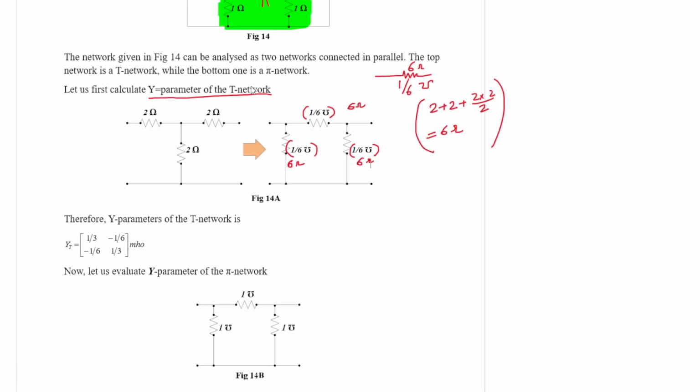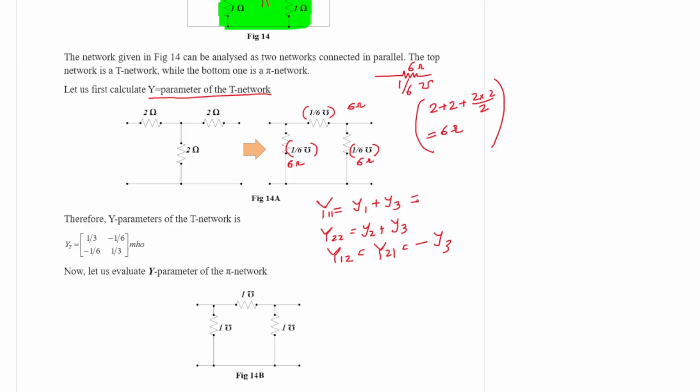If a pi network is represented by this, and its elements are represented in mho, then you can directly write y11 is equal to y1 plus y3, y22 is equal to y2 plus y3, and y12 is equal to y21, which is equal to minus y3.